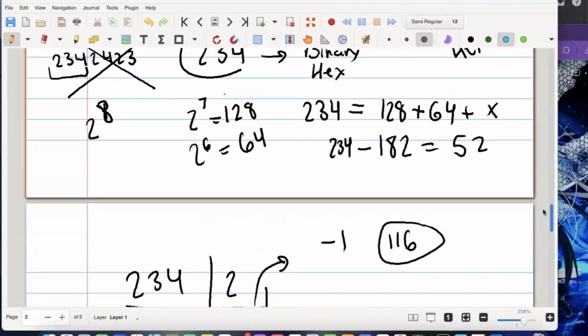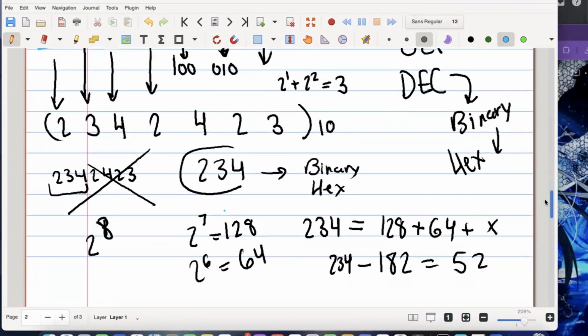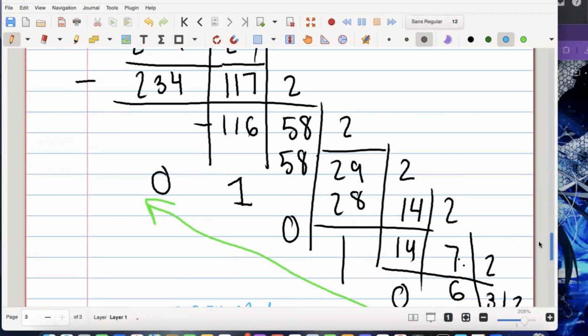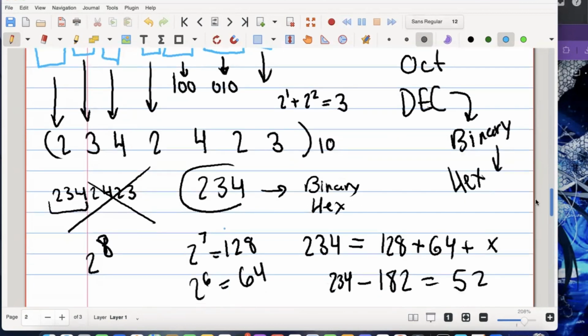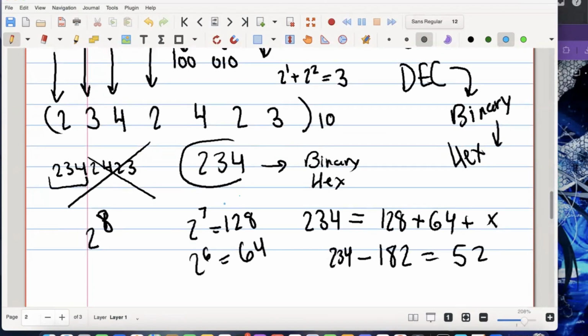Anyways, it'll probably be pretty simple. I probably messed up somewhere in the division. Somebody can call me out for that. But like I said, an easier way to convert is if you just know this as a base.